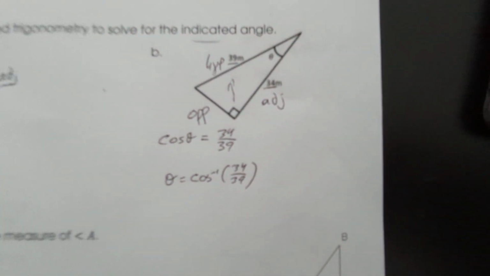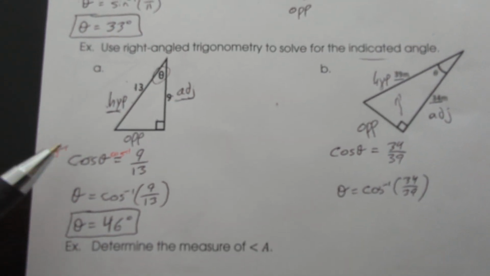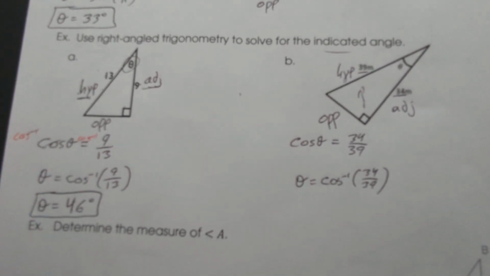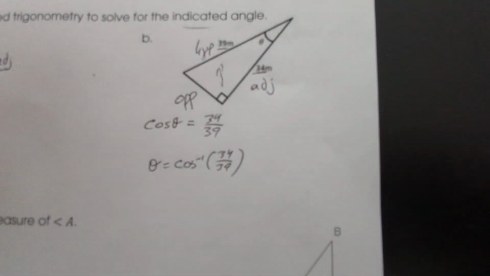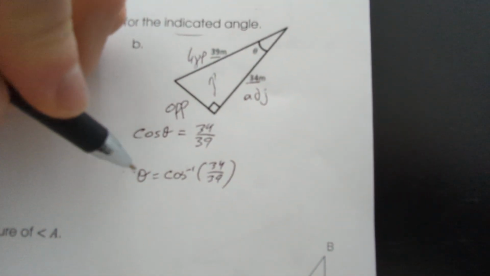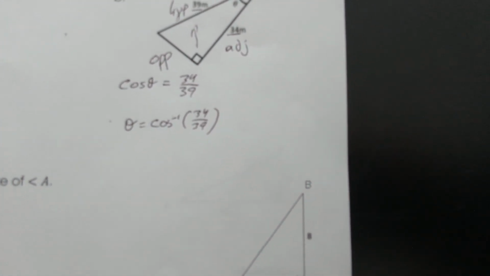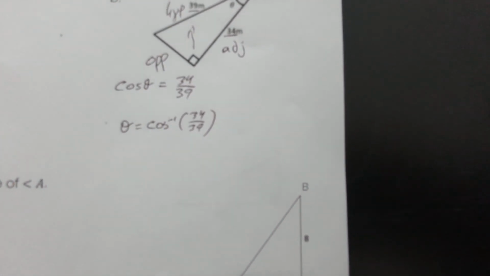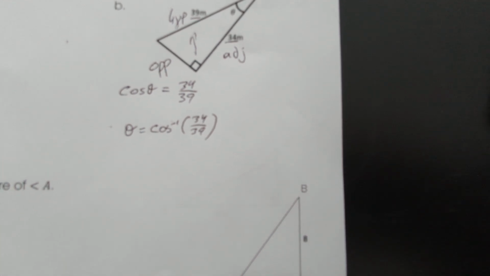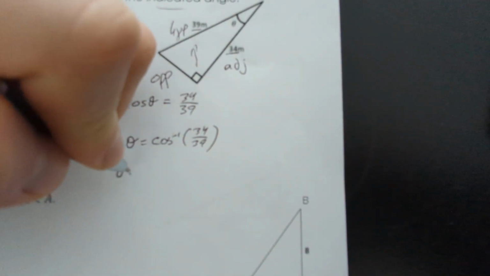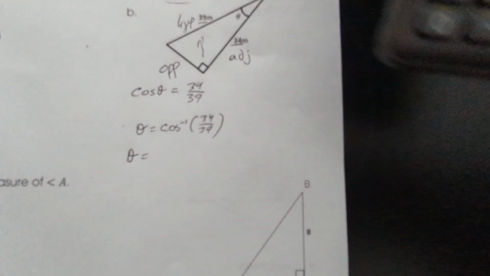I didn't show what I had in red here, but that's what we're doing. We're taking the cos inverse of both sides. It cancels the cos on the left-hand side, and then we have the cos inverse of this fraction on the right-hand side. Now we plug this into our calculator, and we'll get our answer for theta.